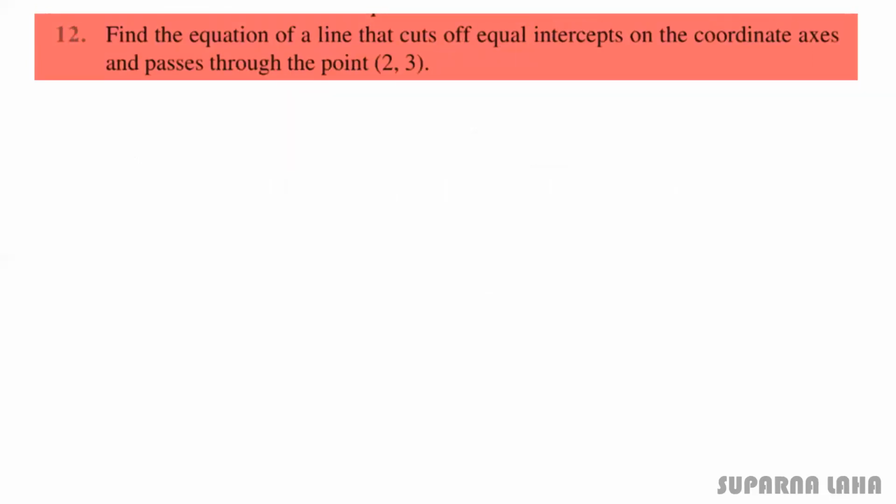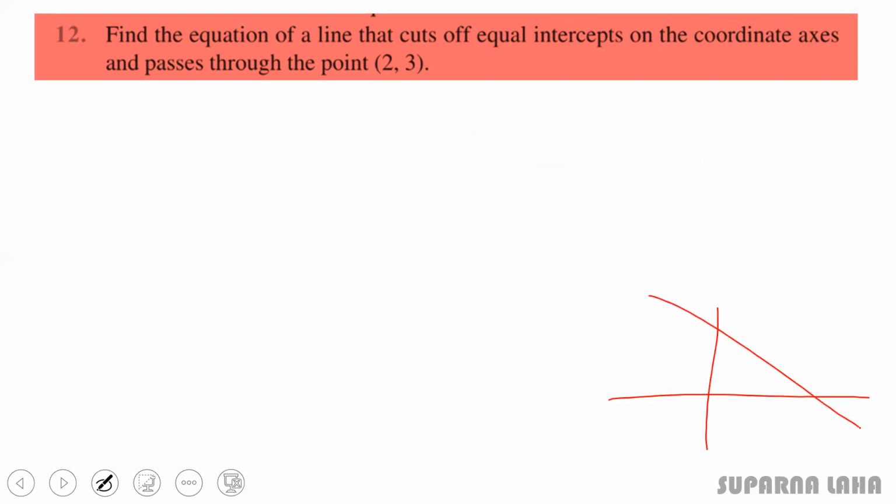Find the equation of a line that cuts off equal intercepts on the coordinate axes and passes through the point (2, 3). So equal intercepts means these two distances are equal, and you know the intercept form, x by a plus y by b equals 1.